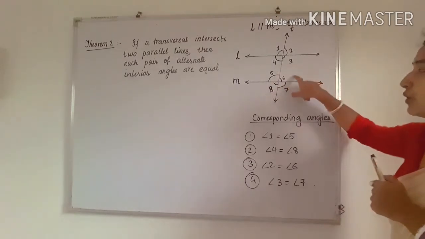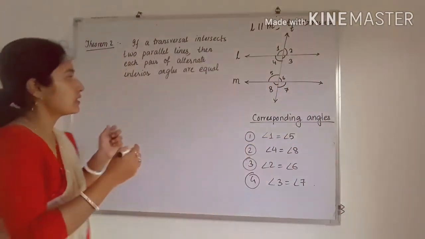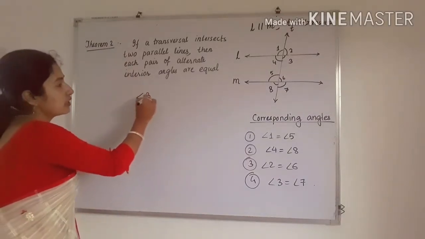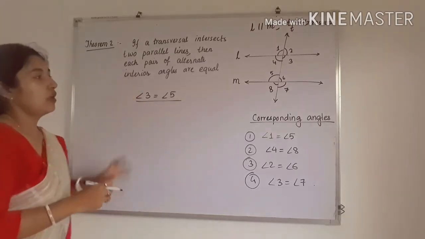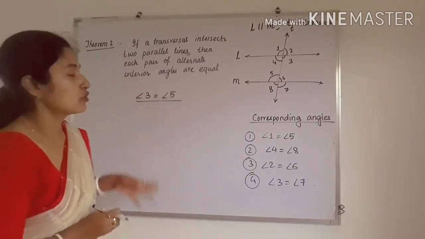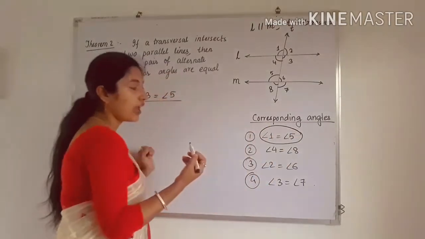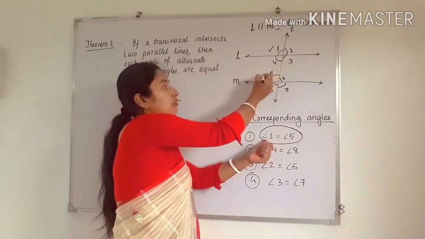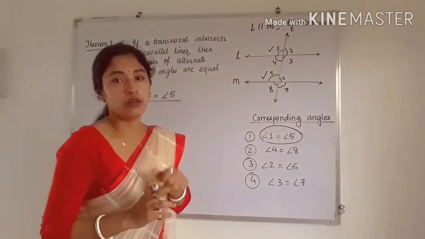This will be equal. And how can we prove both the angles are equal? So I am showing you, see here, I am showing only one. See, angle 3 is equal to angle 5. According to this theorem it is equal. But how can we prove that angle 3 is equal to angle 5? So first of all, see here, we already have that angle 1 is equal to angle 5. Okay. So this is what? Corresponding angles are equal.